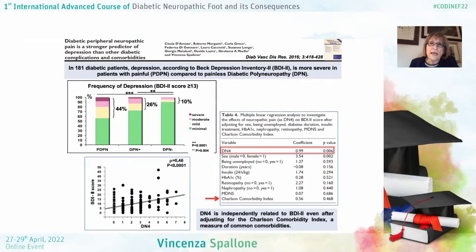This is a study from our group, where the presence of neuropathic pain, together with the female sex, was the greatest determinant of depressive symptoms, also when adjusted for other comorbidities.